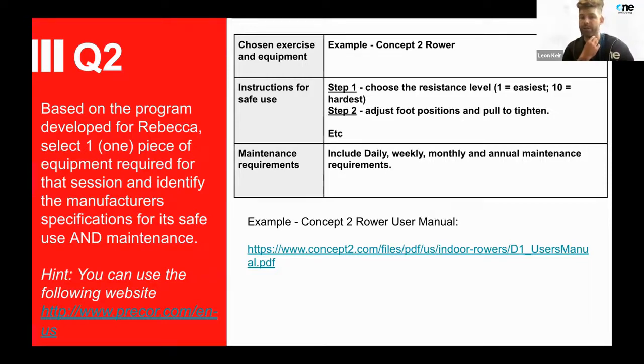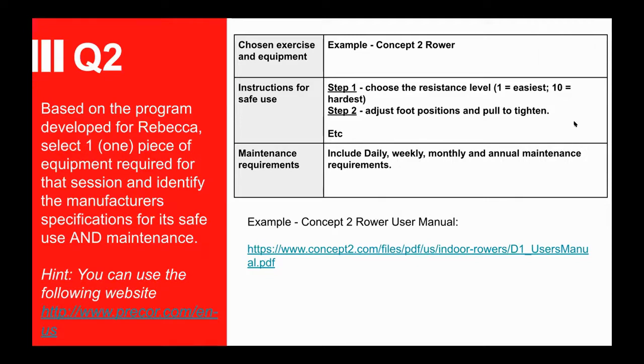So we've got the first 2 steps there. Step 1 is choose a resistance level between 1 and 10. Adjust the foot position and pull. Oh, sorry, Leon. What was this for, mate? This is the next one. So the instructions, we've got the first 2 there.